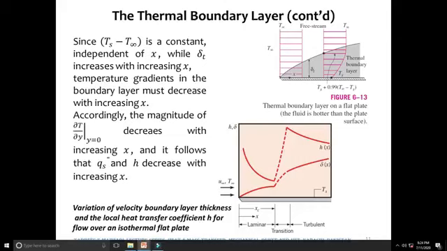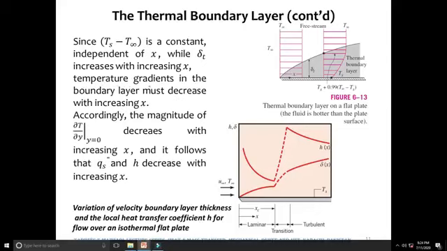We can see that it increases with increasing x because the fluid comes in with full potential at the start of the plate, and therefore it takes time for the boundary layer to grow along the length of the plate. So it says that the temperature gradients in the boundary layer must decrease with increasing x. This is a very important point.